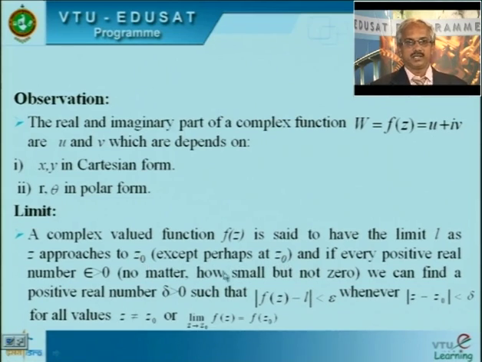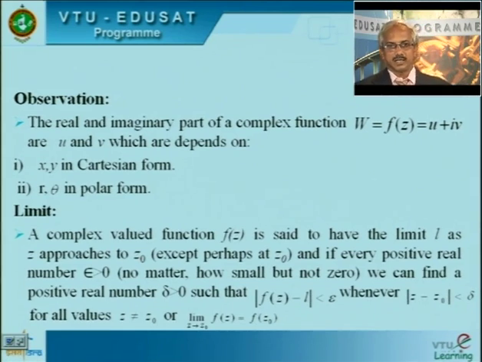This is a very important concept to be included in the definition. And if for every positive real number epsilon greater than 0, no matter how small but not 0, we can find a positive real number delta greater than 0 such that modulus of f of z minus L is less than epsilon whenever modulus of z minus z naught is less than delta, for all values z not equal to z naught. Or simply we can say that limit z tends to z naught, f of z is equal to f of z naught.